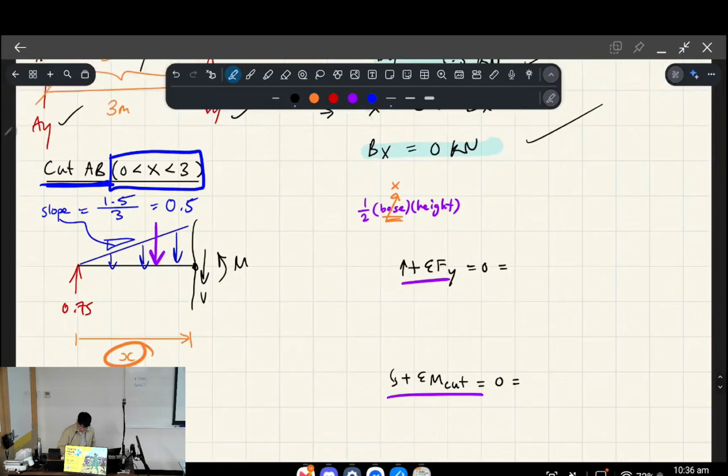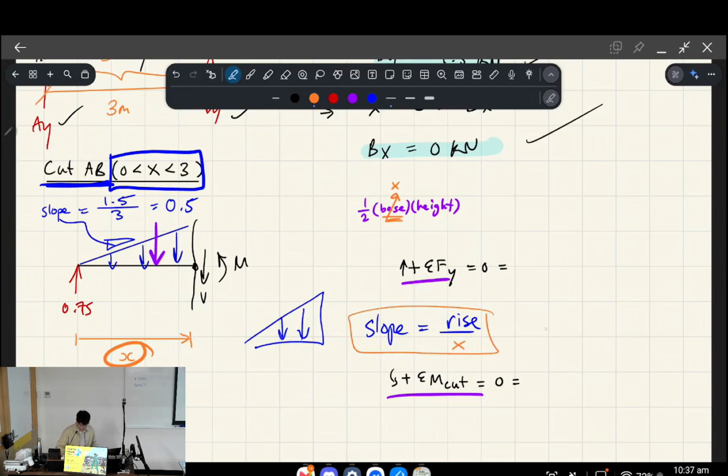So if I were to draw this triangle, we know the slope is equal to rise over run, and we know the run, in fact, is x, because that's the base of the triangle. We're interested in finding the rise. If we rearrange this equation, the rise is equal to slope multiplied by x.